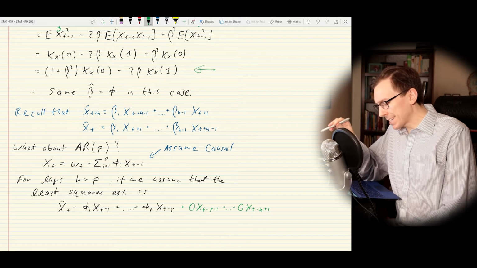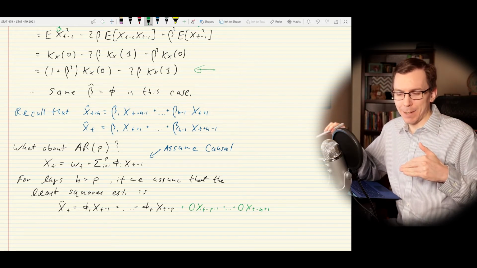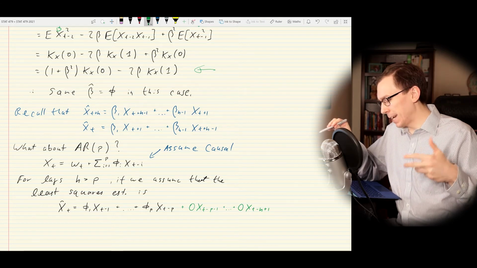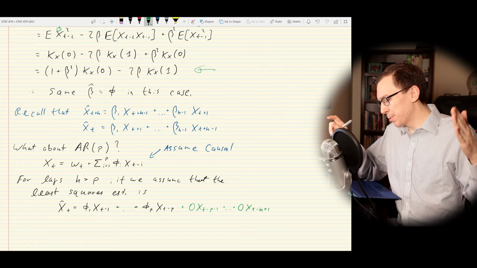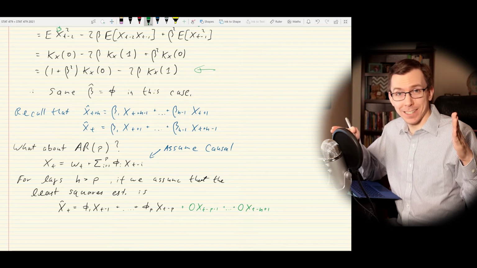Because remember, what I'm actually trying to do is predict x_t hat. I'm trying to compute x_t hat, which is a prediction for x_t, and I'm trying to do that based on the previous h minus 1 observations.